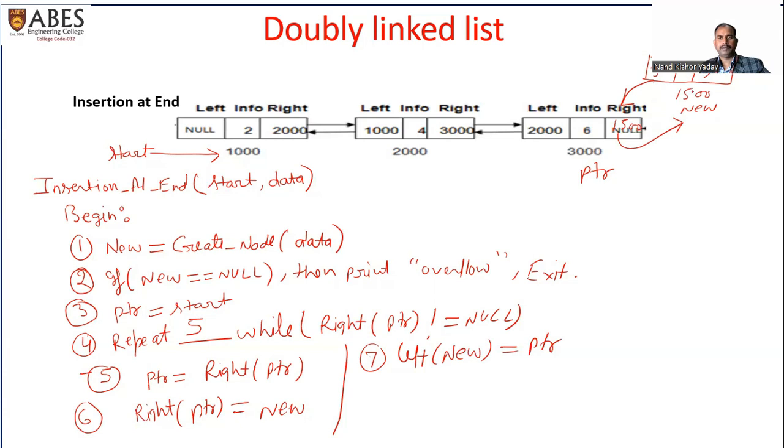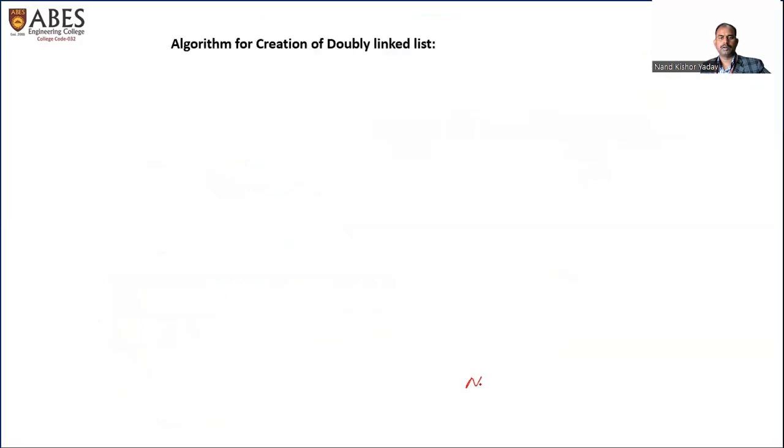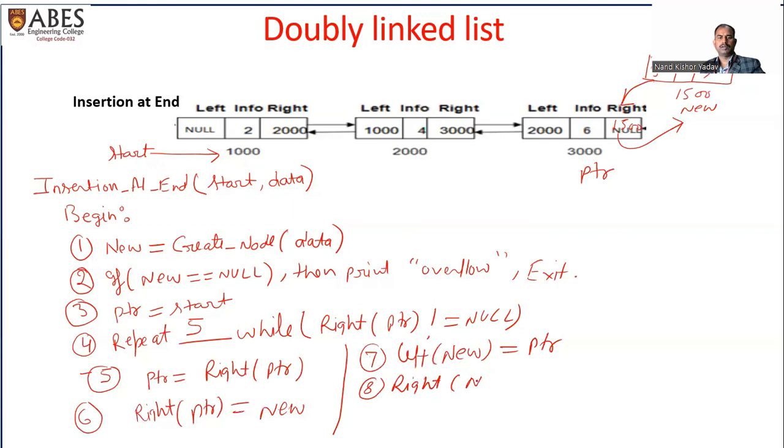It means that the previous node for this node is this ptr, and the next node for ptr is the new node now. At last, we have to insert a null value at right of new. At last, we can write here right of new is equal to null.